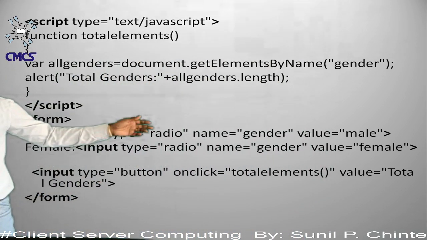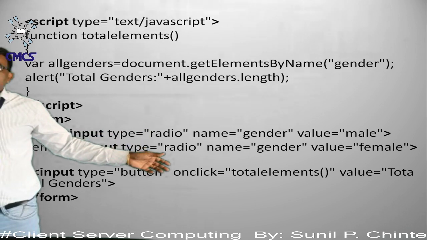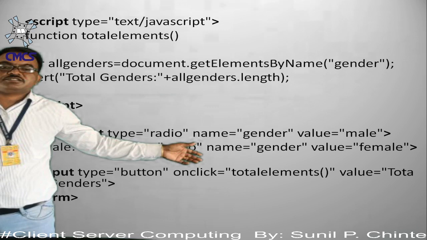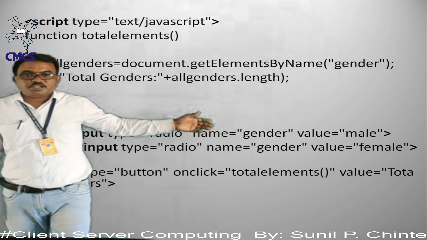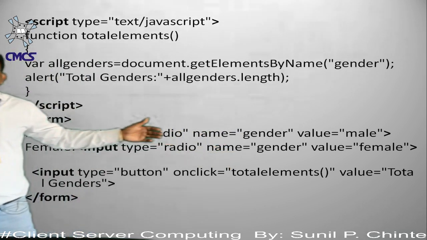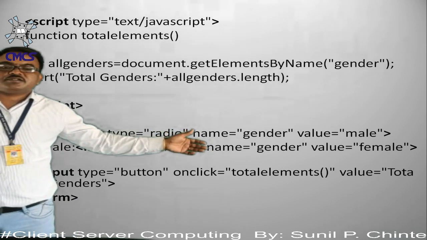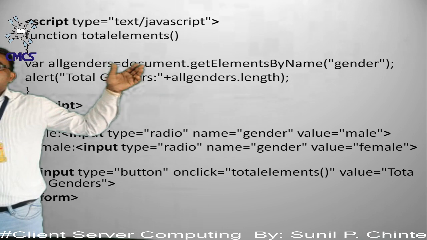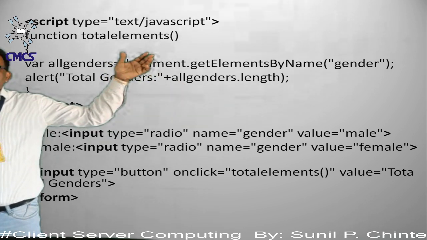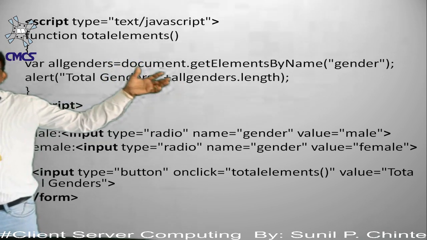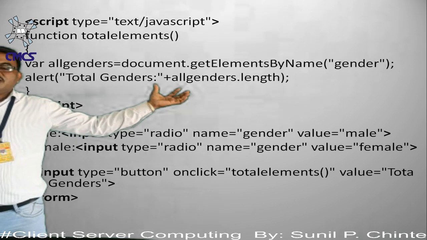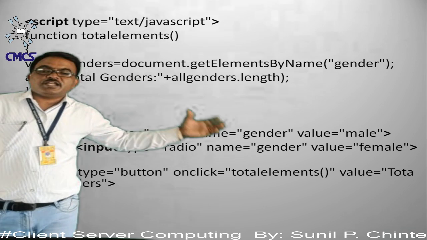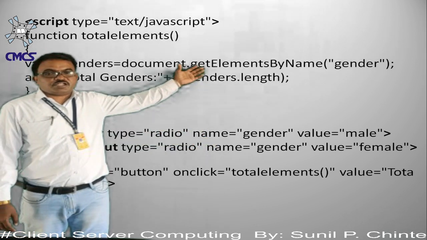I have used radio buttons with the name gender, and the values are male and female. On clicking the button, the total gender function will be called, which will collect all elements with that name, gender.